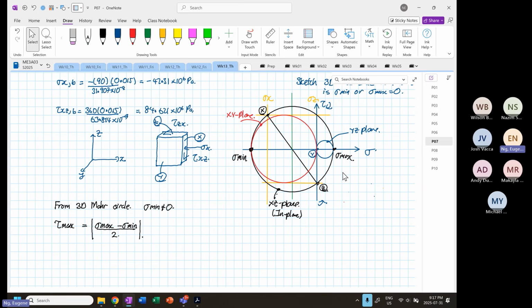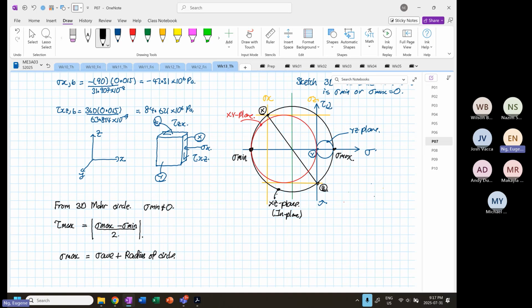So the thing to find about stress max is equal to the stress average plus the radius of the circle.